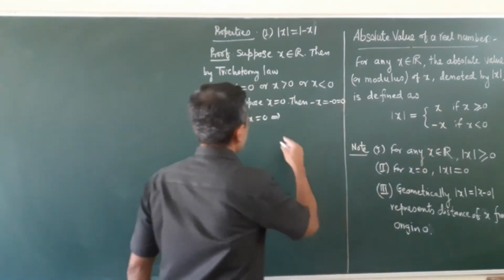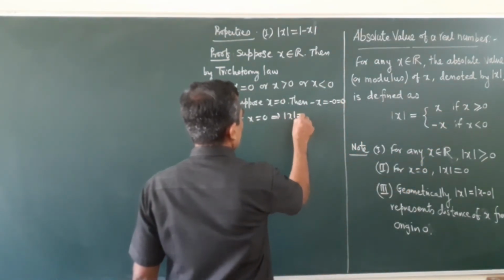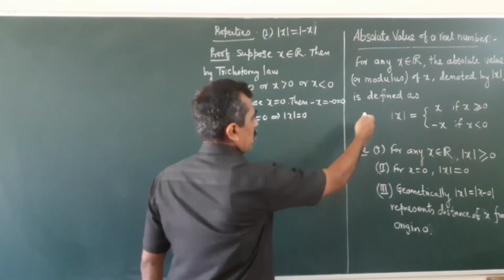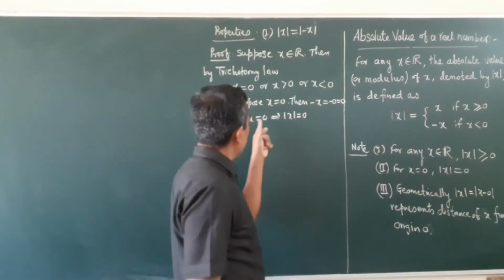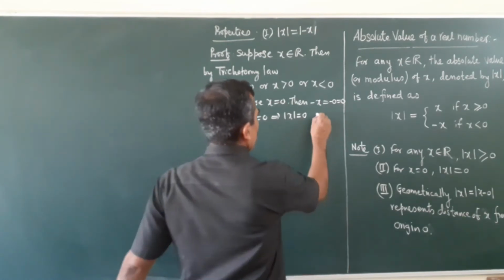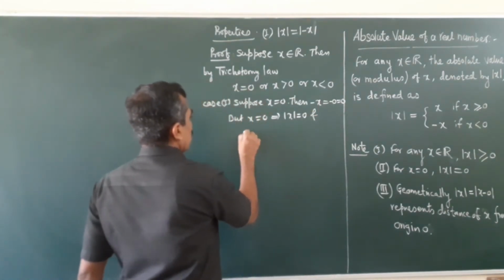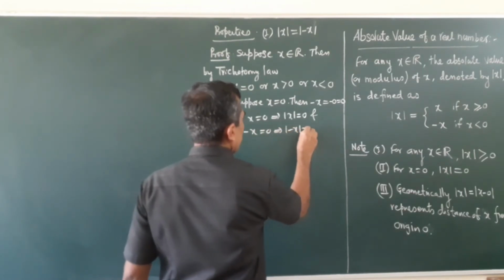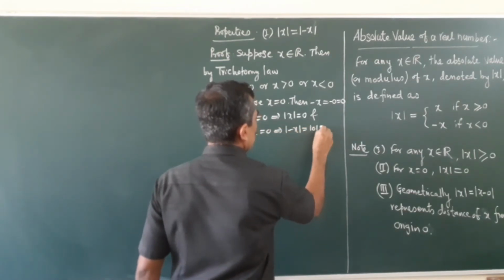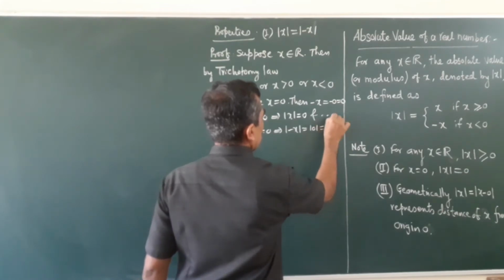It is x itself. Mod of x is 0. And minus x equal to 0 implies mod of minus x is equal to mod of 0, and it is nothing but 0.